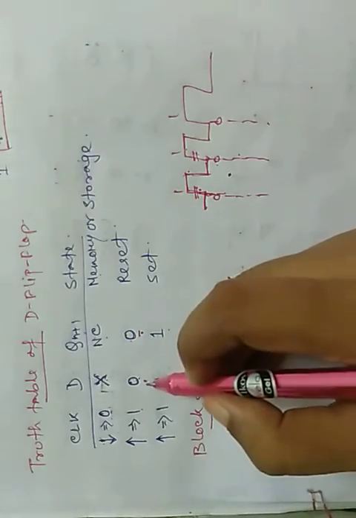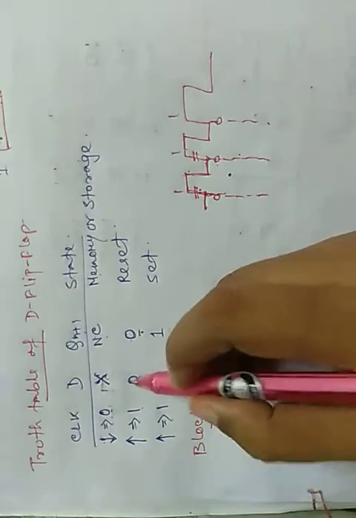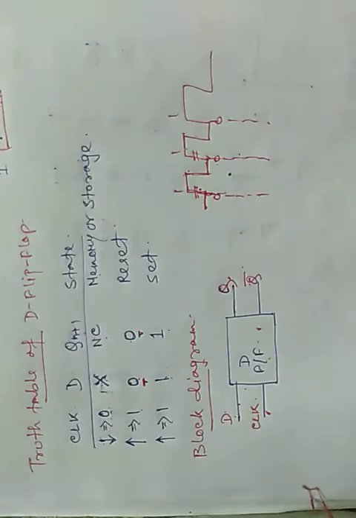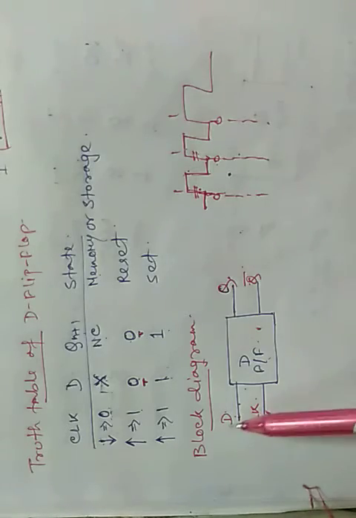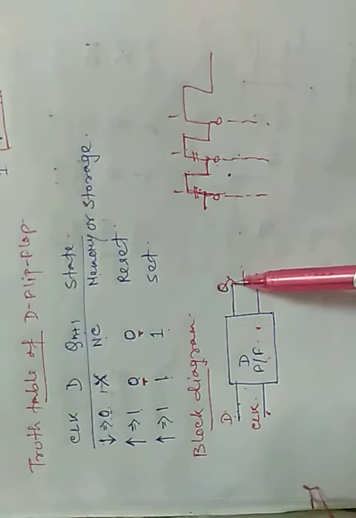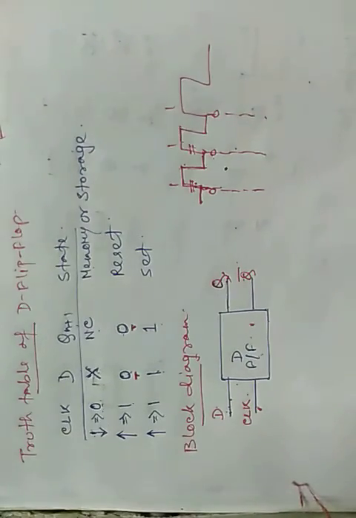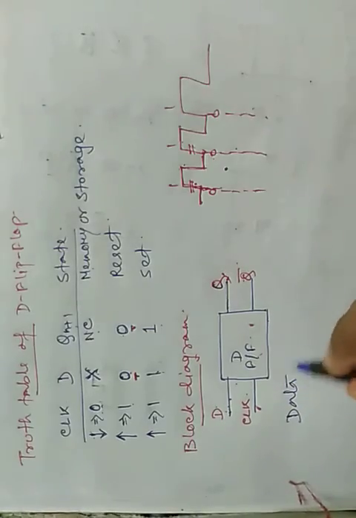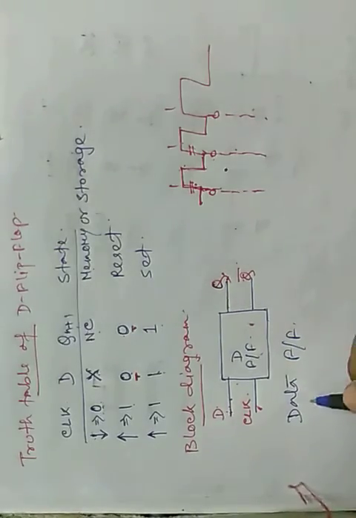So as the value fed in D as input gets to the output, the D flip-flop is also known as data flip-flop. Data flip-flop means whichever data we feed in D, that data we get in the output. That's why the D flip-flop is also known as data flip-flop.